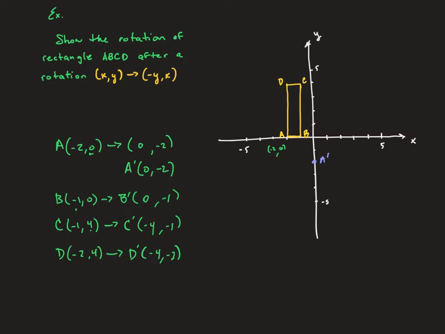B prime is going to be (0, -1). C prime is going to be (-1, -4), and then D prime is going to be (-2, -4), or (-4, -2), sorry. So there's my new rotated rectangle A'B'C'D' with my new values.